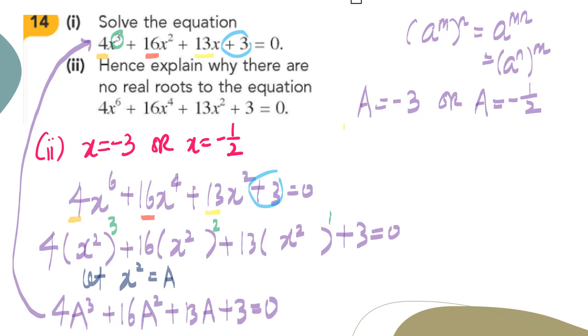Yes, we can say that. But what exactly is a? A is actually a substituted value for x squared. So I have to put back x squared in place of a. So when a equals negative 3, we're saying x squared equals negative 3, or x squared equals negative half.